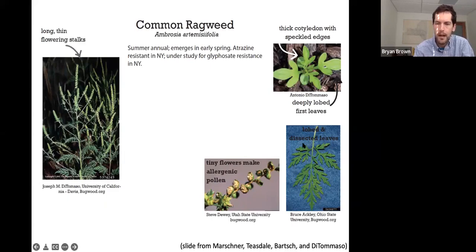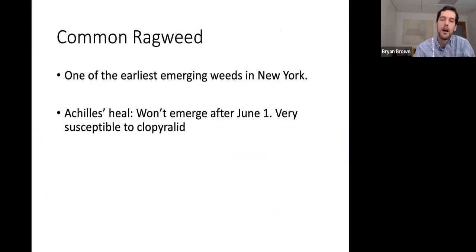And ragweed is the cause of hay fever, so it produces this pollen that a lot of folks are allergic to. And in New York State, it's pretty widespread in a lot of field crops, and it is probably our earliest emerging summer annual weed in New York.